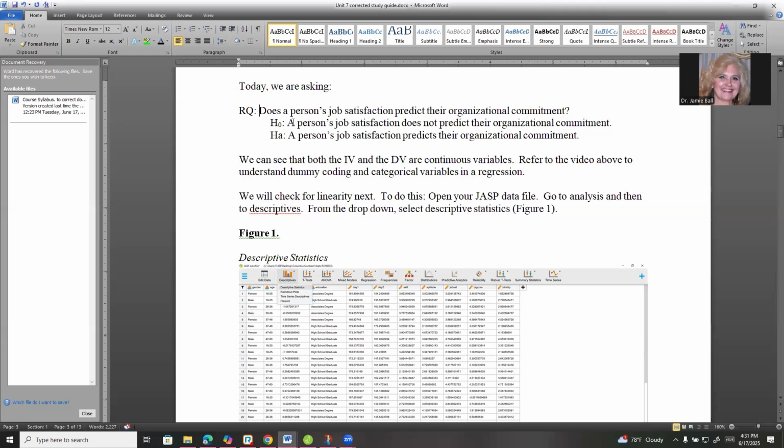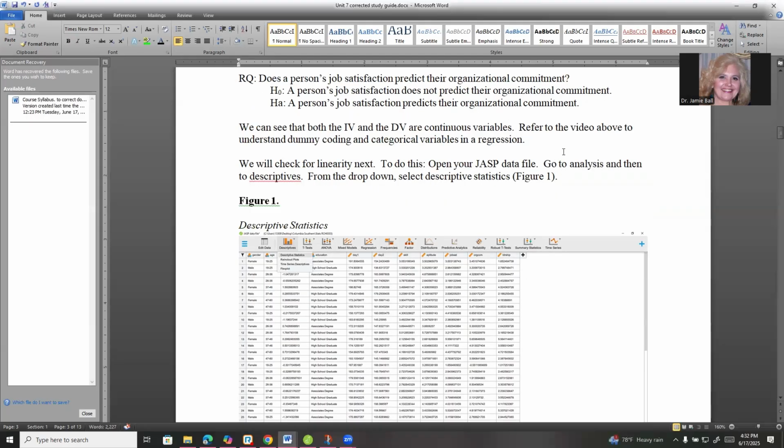So there's my null hypothesis, which is what we're testing. A person's job satisfaction does not predict their organizational commitment. So we can see that both the independent and the dependent variables are continuous. And again, I will provide a video about dummy coding.